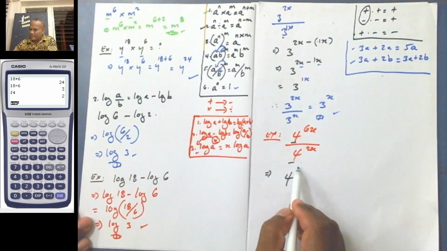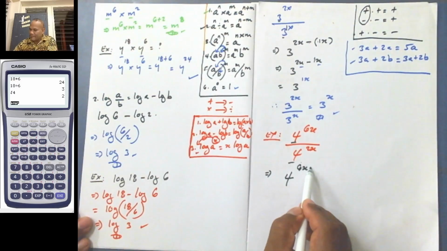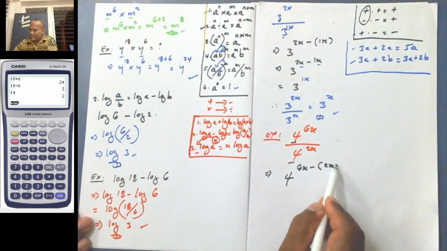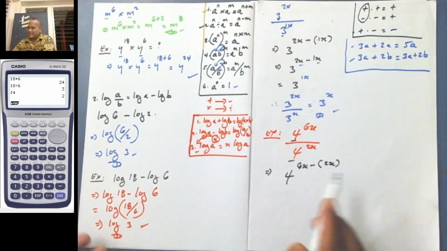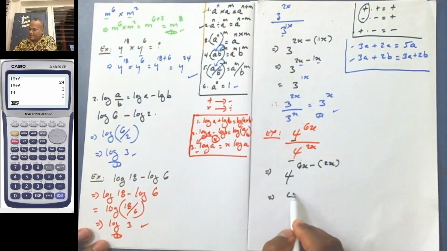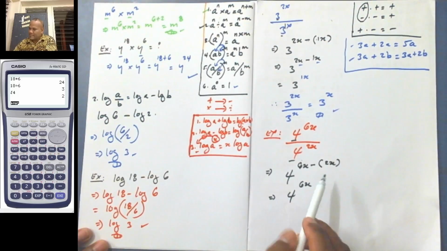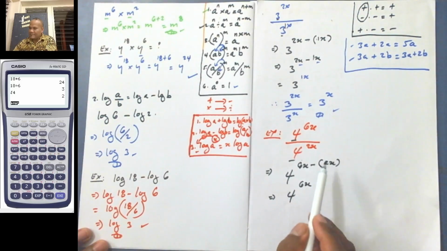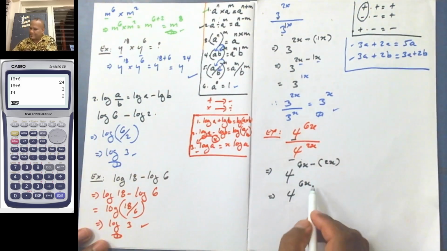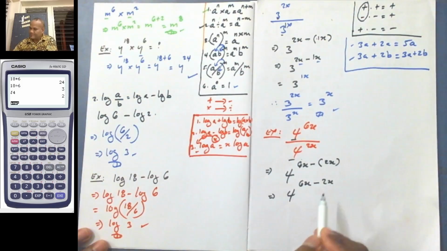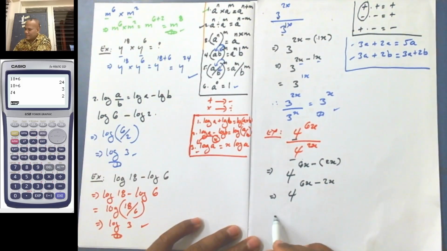So this is 4 to the power of 6x minus 2x. Let's open the bracket: negative times a positive will give me a negative. So this is minus 2x.